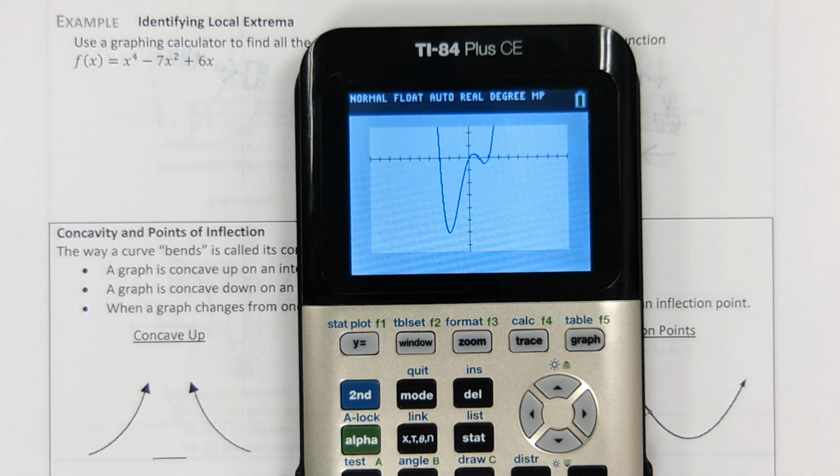Our job was to find all the extrema and where they occur. So what are the y values and where did those things occur? I'm going to go ahead and sketch this. It looks like it crosses the x-axis at 0, 1, 2, and negative 3. That's what that looks like to me. 0, 1, 2, negative 3.